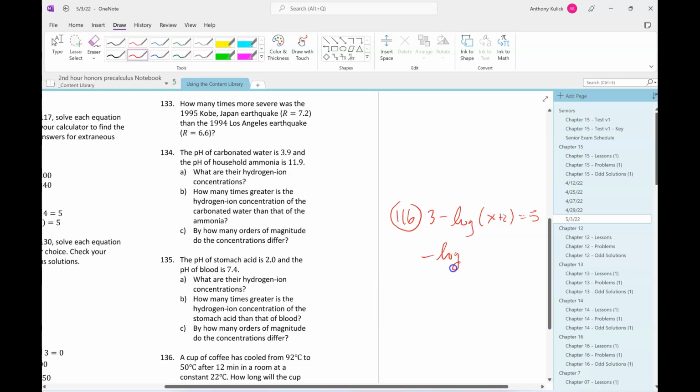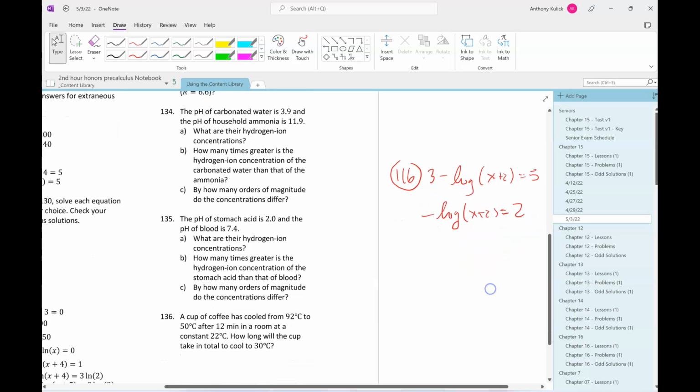That's going to give us negative log x plus 2 equals 2. Then what? How about divide by negative 1, to get the log part all by itself.